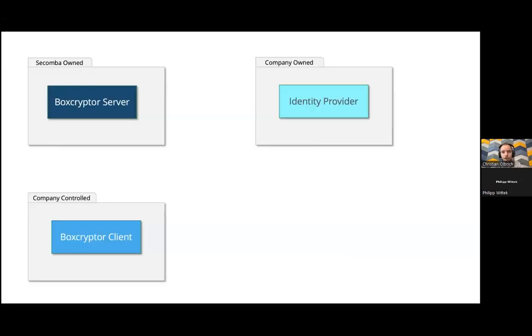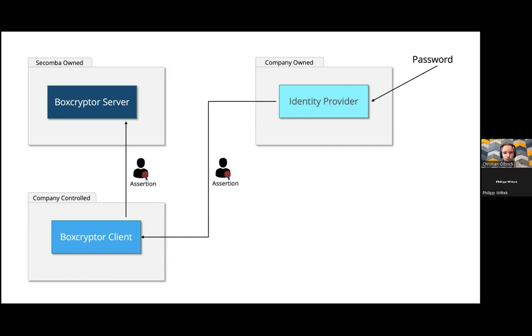What we've got now is an identity provider. When the SAML authentication kicks in, the client doesn't get the password any longer, but actually just the identity provider gets the password. The identity provider would then return an assertion over the Boxcryptor client as a relying party to the Boxcryptor server.